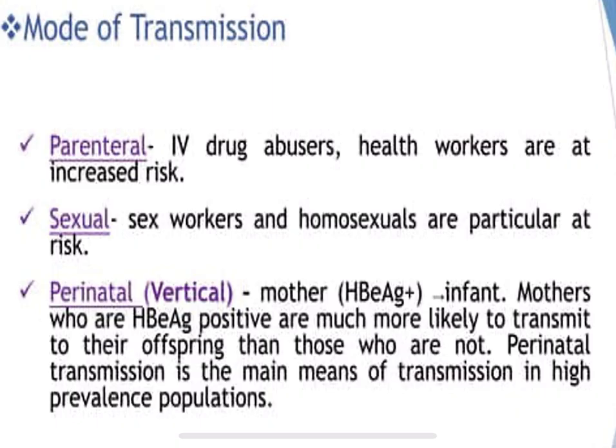Infants of mothers who are hepatitis B surface antigen positive, especially mothers who are hepatitis B e antigen positive, are much more likely to transmit the infection to their offspring than those who are not infected. Perinatal transmission will be the main means of transmission, especially in high prevalence populations.